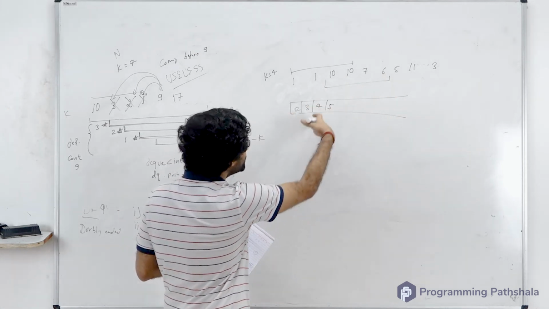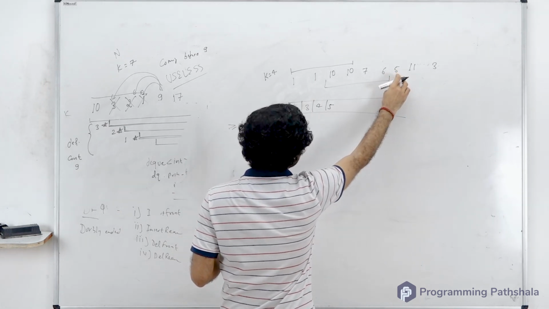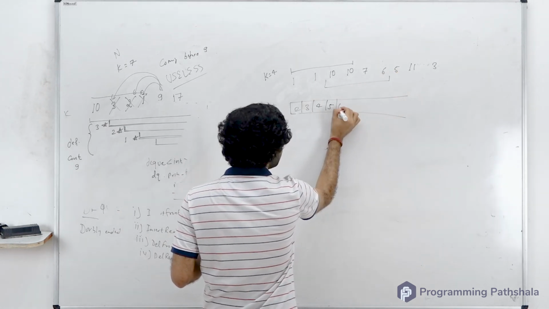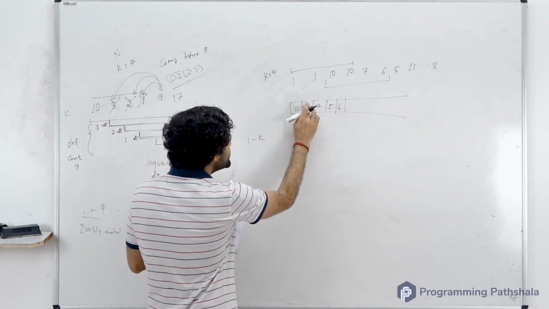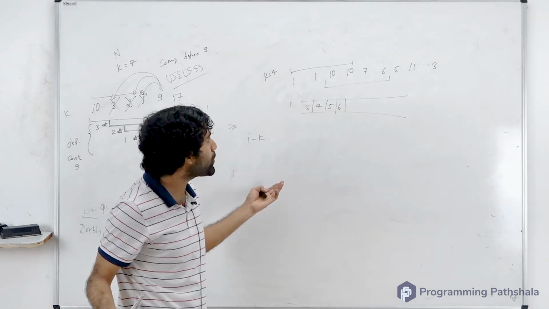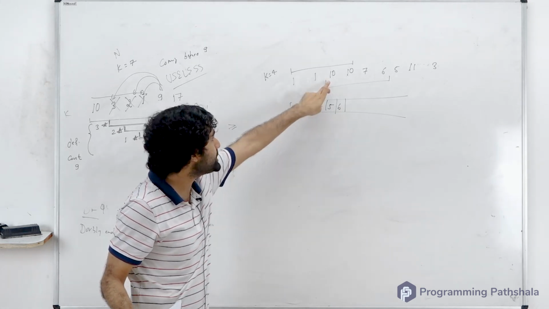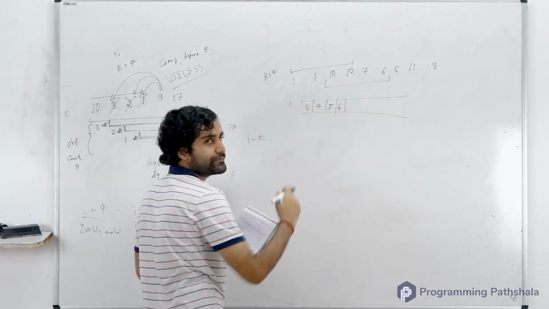Now if something new comes, let's say this is 5, this is also smaller than this, its index is 6, so this comes as it is. Now the point is that even if you had a 3, even if instead of 2, 3, you just had a 3, there was no problem at all, because if this 2 can lie in this window, then this 3 will also lie in this window.